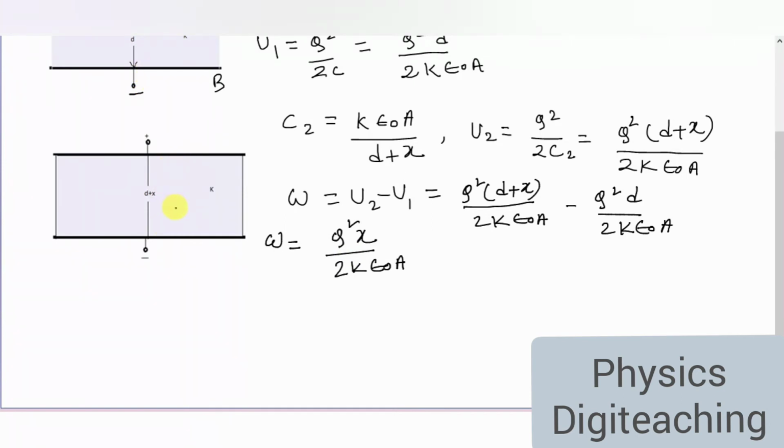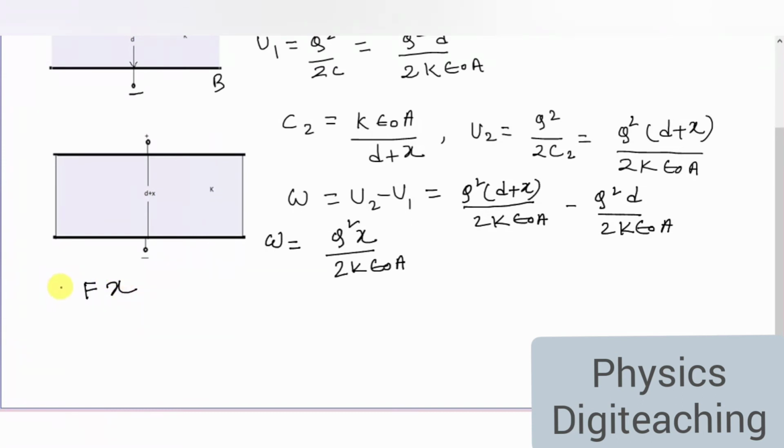We know between the two plates an attractive force F acts, and this work done W we can write as force into displacement.